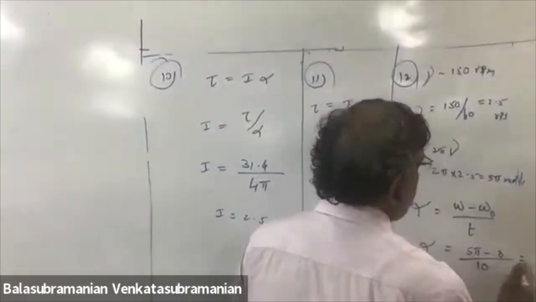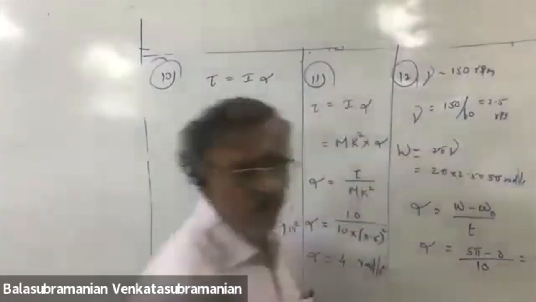So 5 pi by 10 is pi by 2. Alpha is pi by 2.